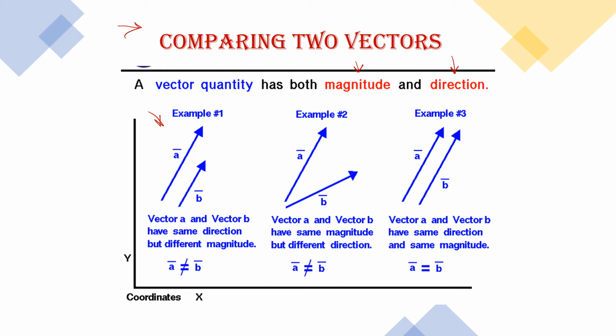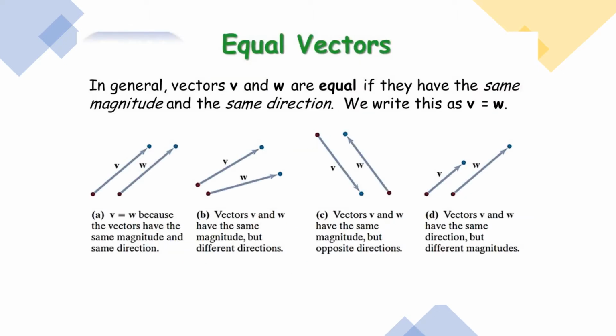Similarly, in example number 2, they have the same magnitude but different directions, so vector A is not equal to vector B. In example 3, it is very clear that their direction is the same and their magnitude is the same, so vector A is equal to vector B.